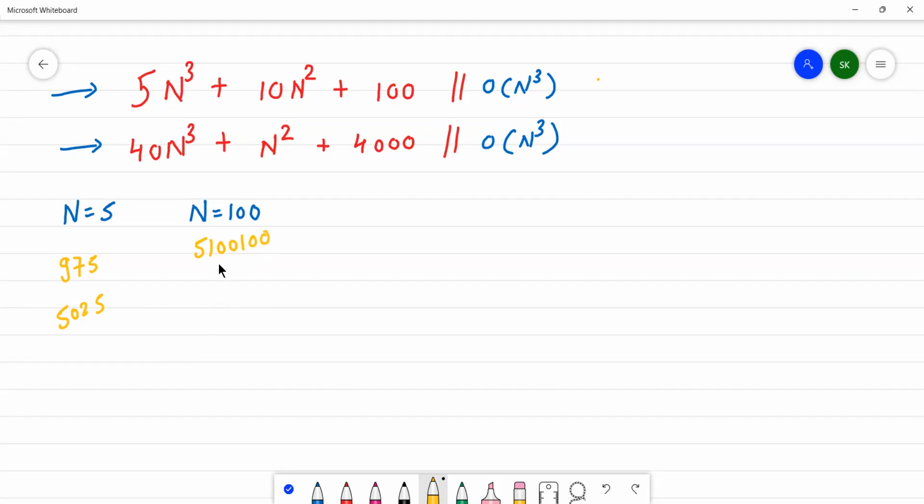For the second equation, did anyone calculate it for the second equation with n equals to 100?